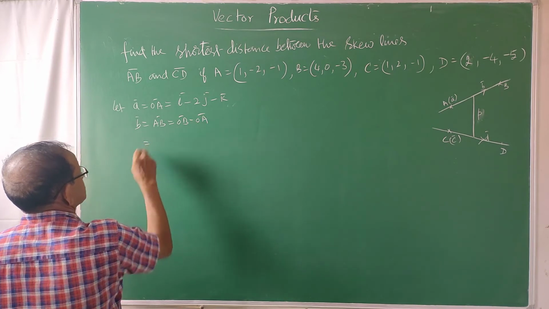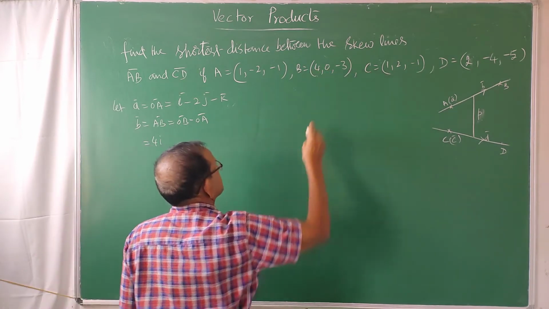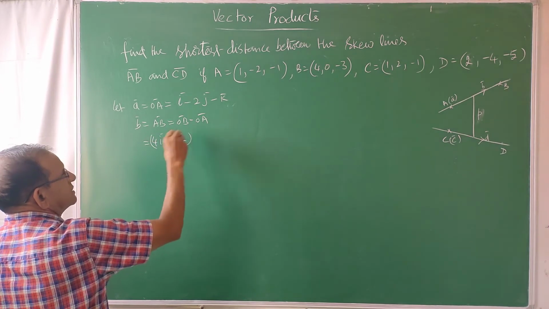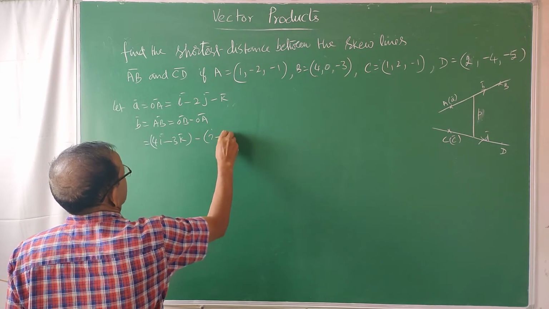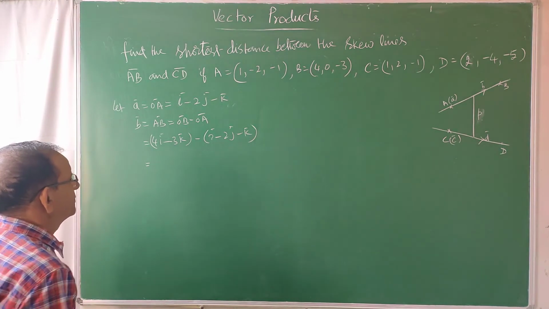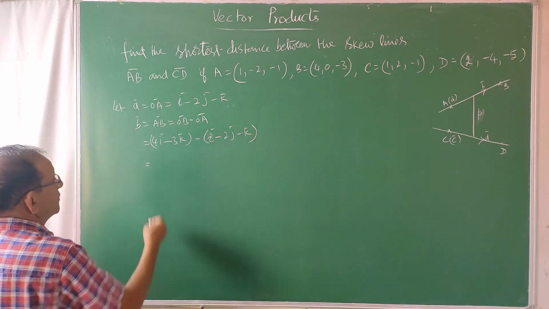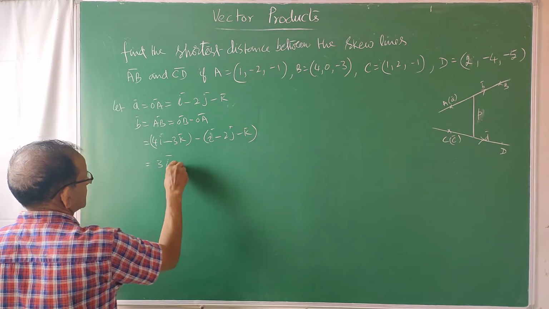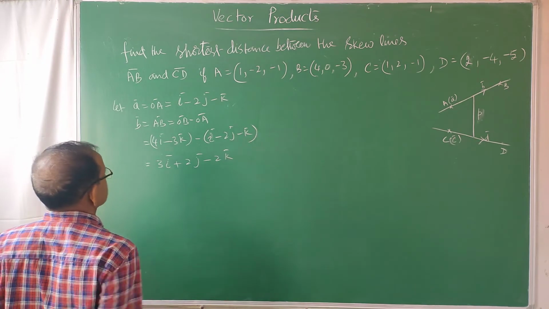OB bar is 4I minus 3k bar, because the J bar coefficient is 0, minus OA bar, that is I minus 2j minus k. After simplification, it is 3I plus 2j bar minus 2k bar.